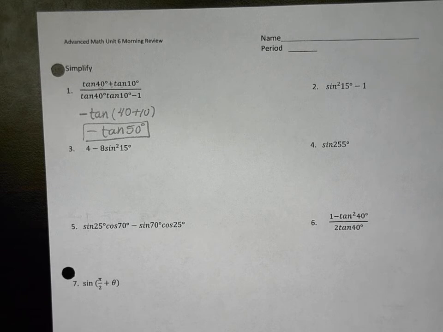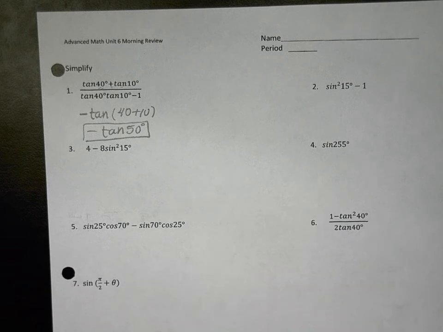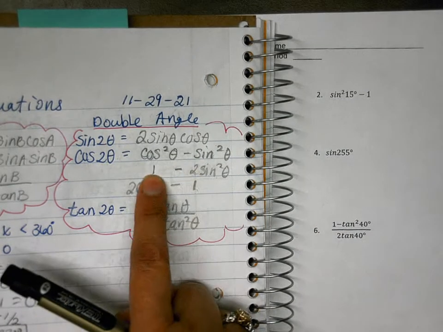Okay, number 2. Please be careful on the test because you're going to have a lot, like the whole first page, nothing but these type of problems, like a good first 10 to 15 questions. And you're going to be going pretty fast, like, okay, I'm trying to finish this test on a non-block day. And you see sine squared plus 1 and you think of this.